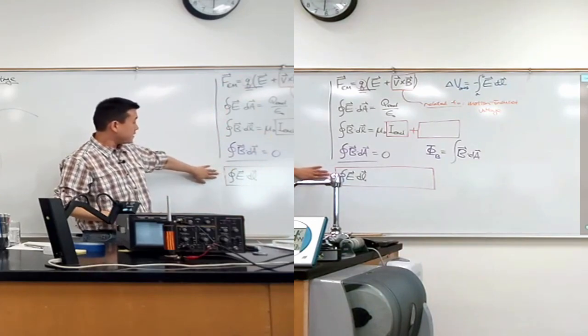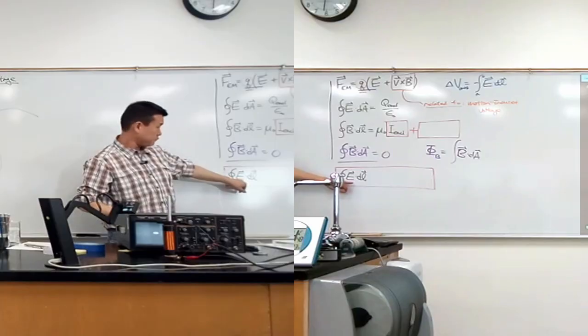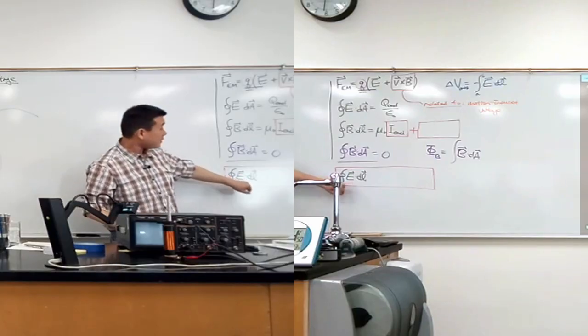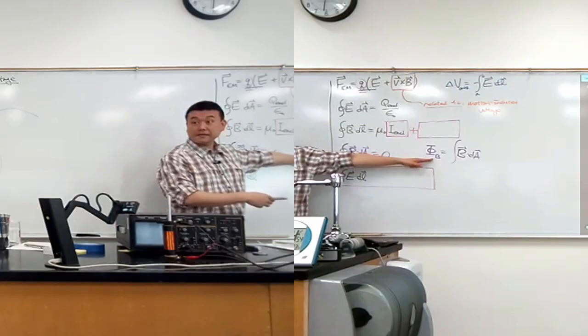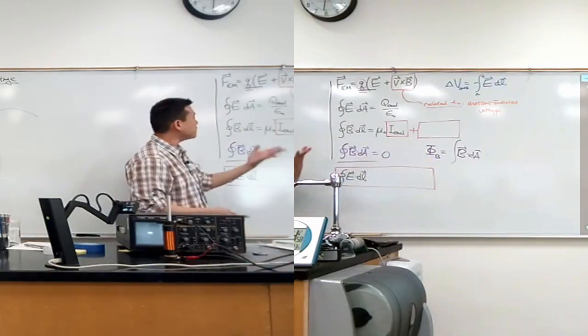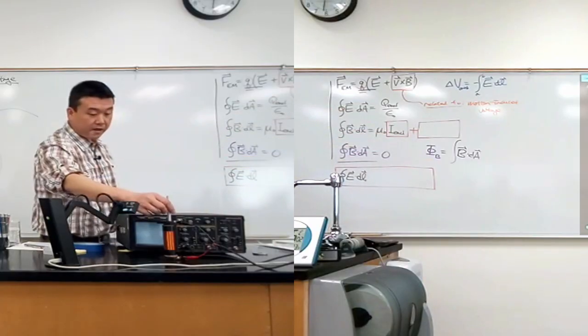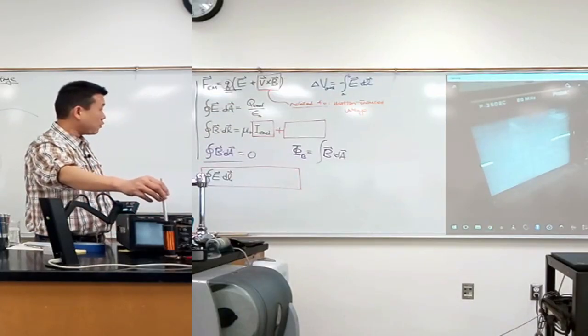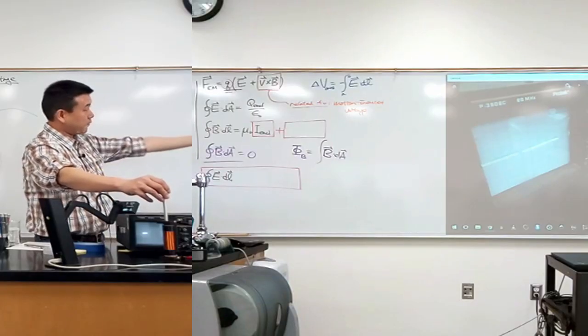Faraday's law says that there's a relationship between this line integral of the electric field and the magnetic flux coming from the magnetic field. It's a different type of relationship than what you have seen before. Right now there's a magnetic flux going through the loops of this wire, but you don't see any voltage there.